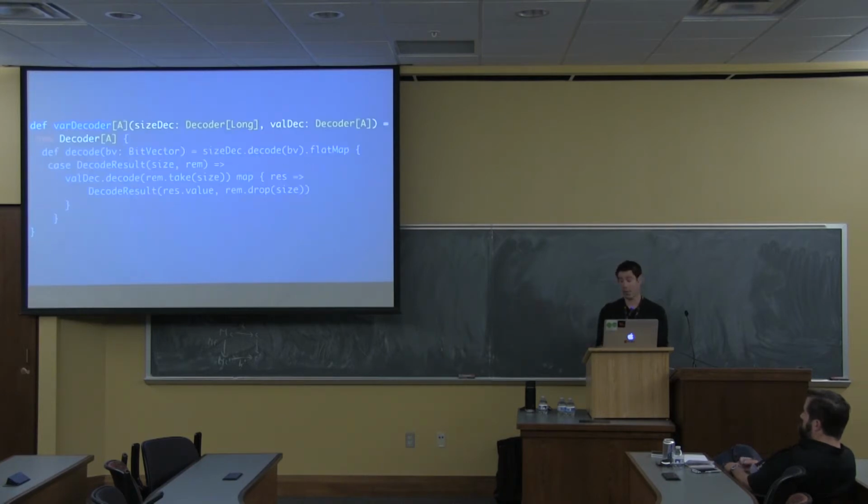Cool. So now we need to make a decoder. Again, we're going to take the size codec and a value decoder, and that takes a bit vector. The first thing it's going to do is decode the bit vector, and we get a decode result. We know that the first thing it's giving us is the size, because we have a size codec.